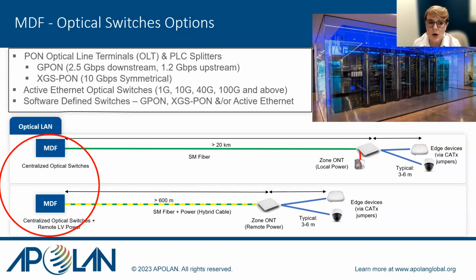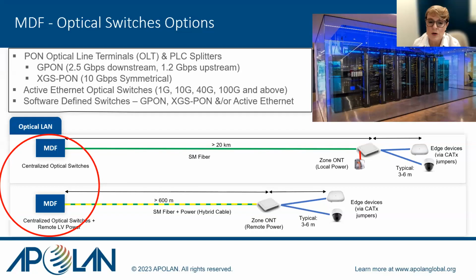In the PON technology, we have the traditional PON, as they call it, which is GPON, which is about 2.5 gigabits per second downstream and 1.2 upstream. The newer technology that has come out with respect to PON is XGS-PON, which is a 10 gig symmetrical stream. Again, these optical line terminals are put into the MDF.